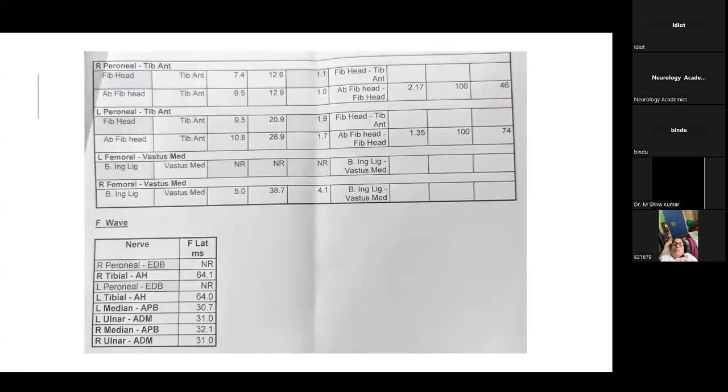Since upper and lower parts are affected, all three roots would be involved, and maybe also the sciatic nerve, everything would be affected, because both levels of involvement are there. So we need additional EMG to confirm that there is no paraspinal involvement.